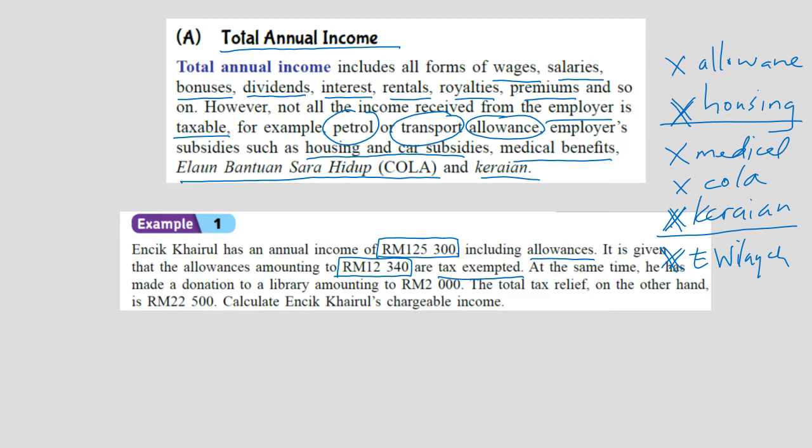At the same time, he has made a donation amounting to 1,000. The total tax relief, on the other hand, is 22,500. So how do we calculate the chargeable income? First we have to calculate the annual income that needs to be taxed.